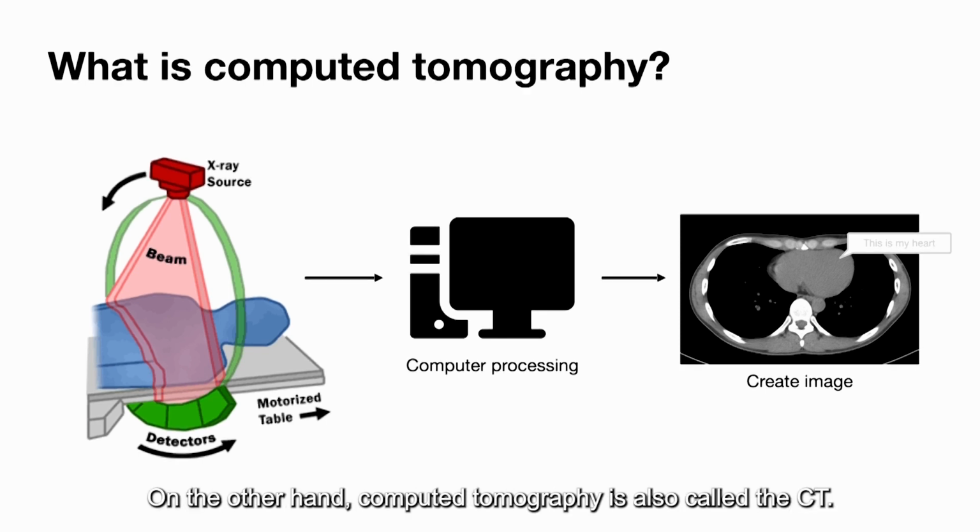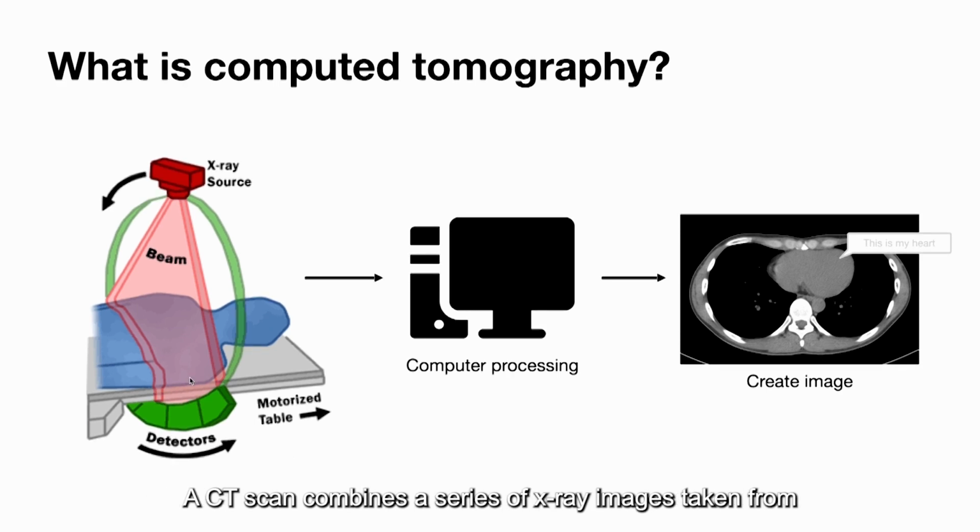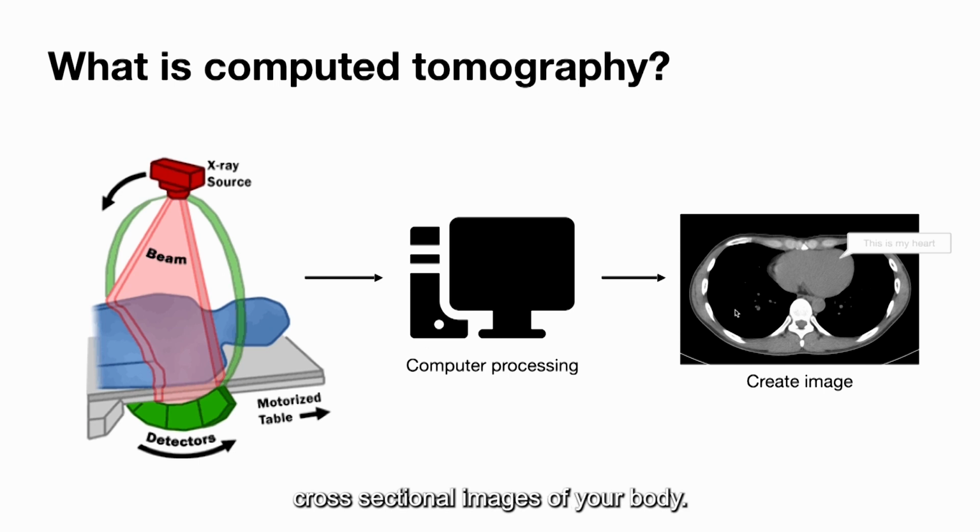On the other hand, computed tomography is also called CT. A CT scan combines a series of X-ray images taken from different angles around your body and uses computer processing to create cross-sectional images of your body. And contrast-enhanced CT is a CT scan using a radio contrast agent.